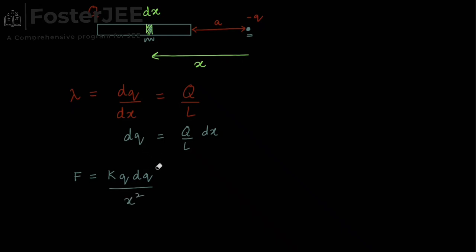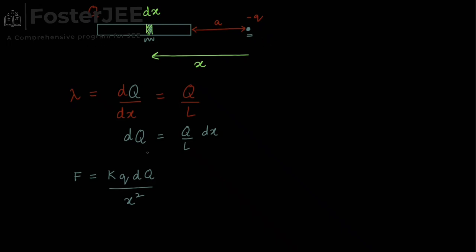Now note that we can't use small dq here because it would be mathematically incorrect. So let's take it as capital Q. Otherwise we would have done the integration of q dq, and that would be very incorrect. So we have to keep something to differentiate the charge on this body and this charge.